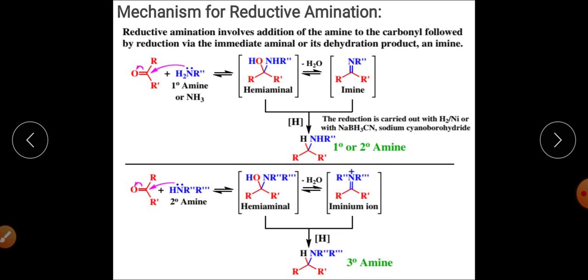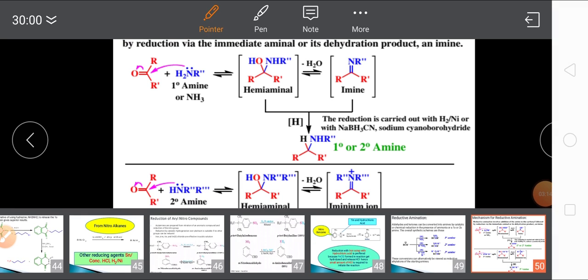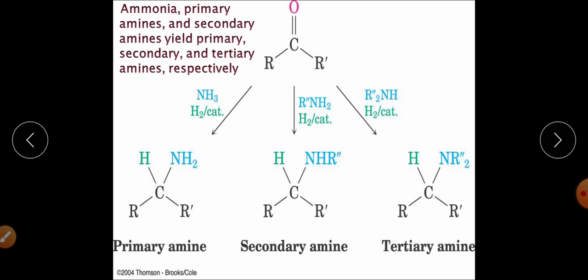If the concentration is taken in excess, some side product may also be synthesized, and this is the limitation of this reaction. So we should focus on the concentration of the aldehyde or ketone and the ammonia or amine taken during the course of the reaction.